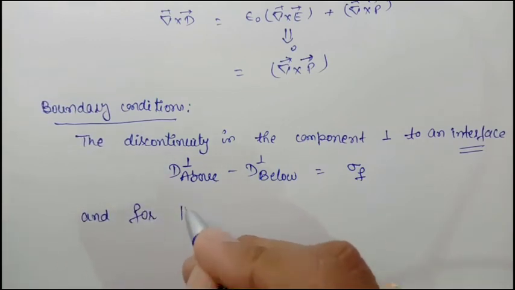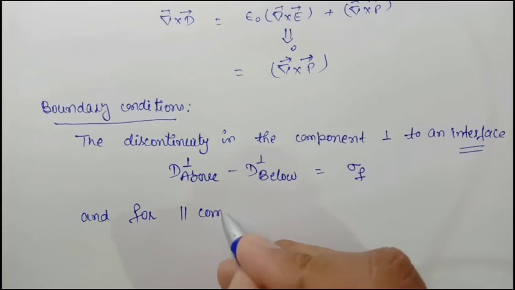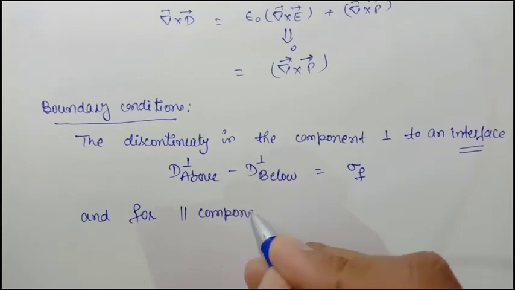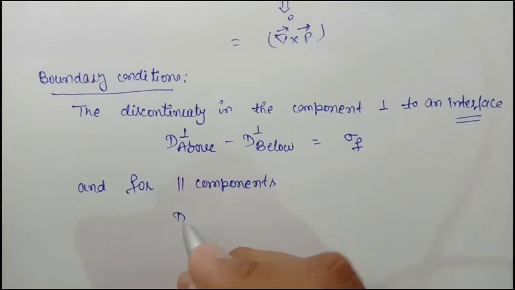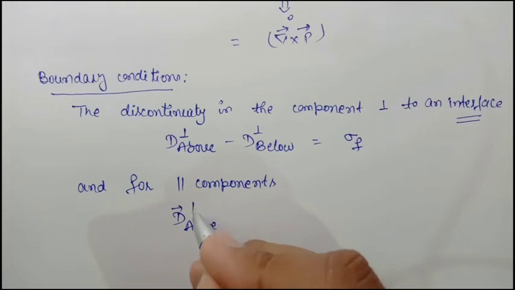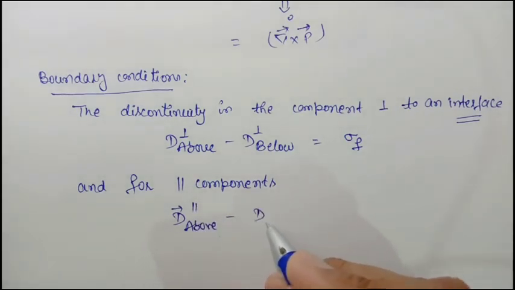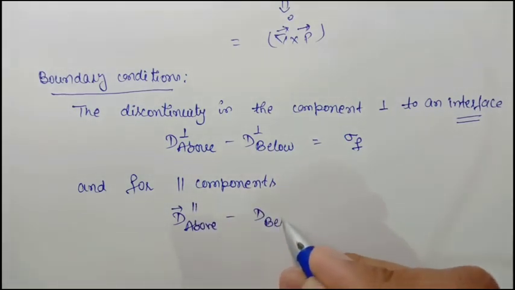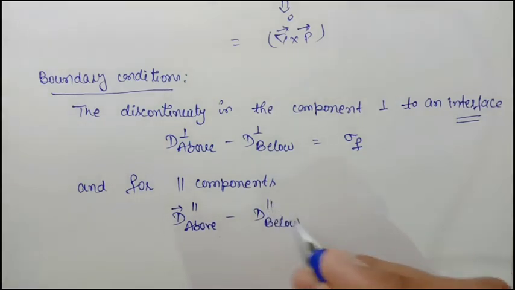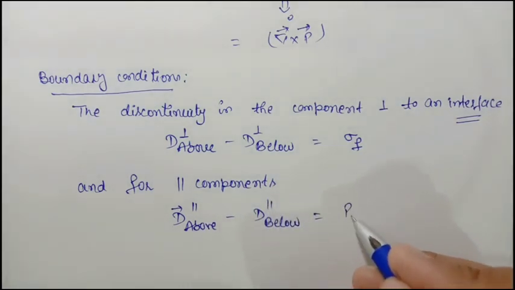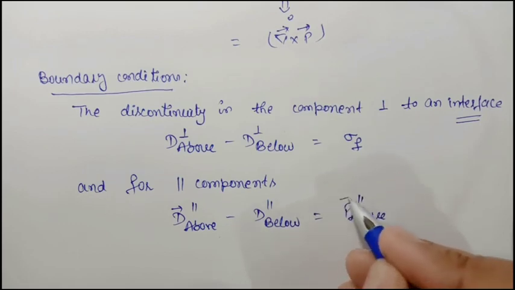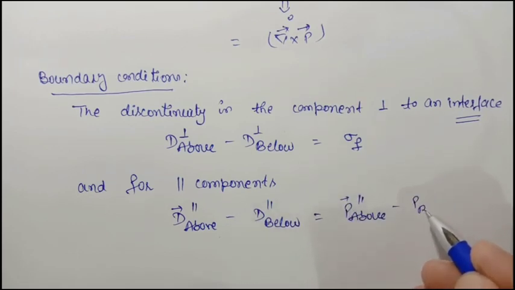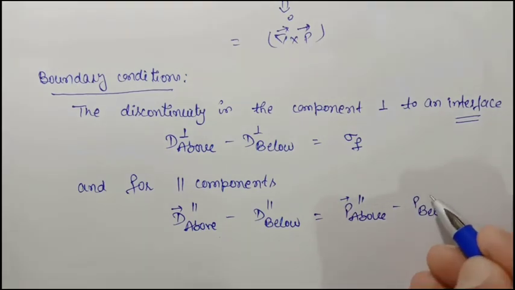And second, for parallel components, D above parallel minus D below parallel is equals to P above parallel minus P below parallel.